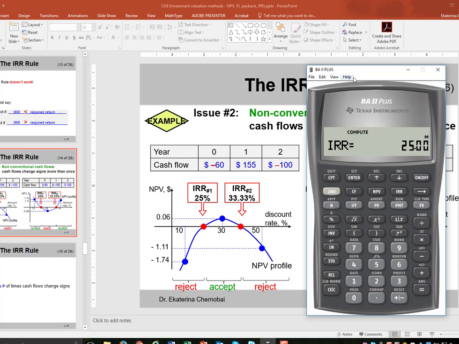And for the purpose of this class, you're never going to be asked to do numerical problems like this, in which you need to find both IRRs. The only thing you should know is, in general, when cash flows switch signs twice, there will be two IRRs.